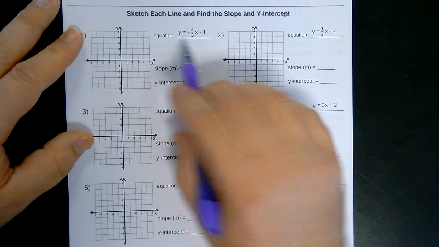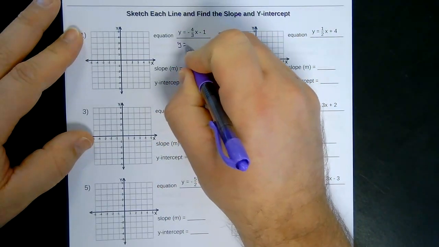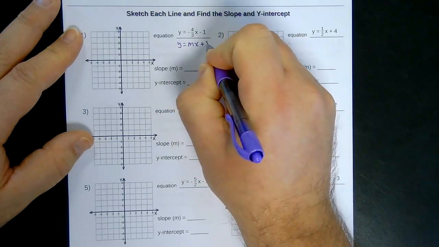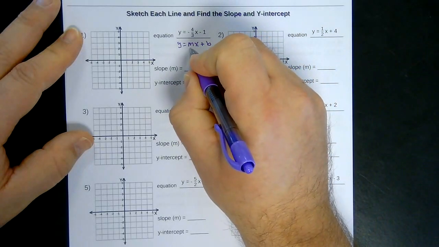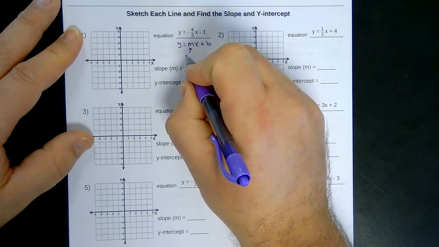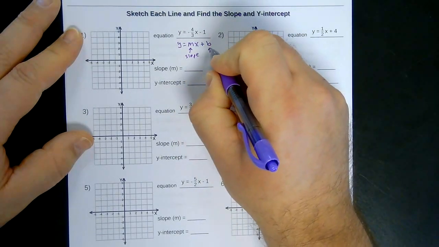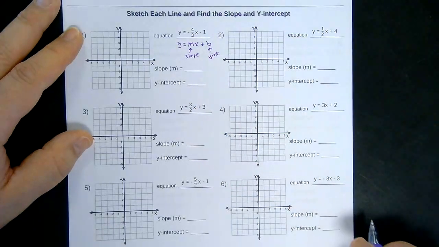Okay, in this form, all these equations are written in y equals mx plus b form. That's a useful form because m is your slope and the letter b is the y-intercept.